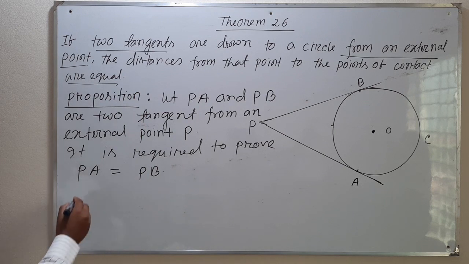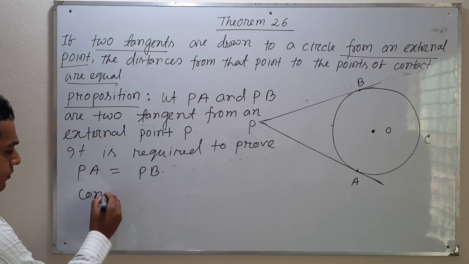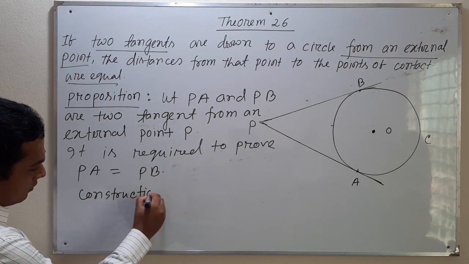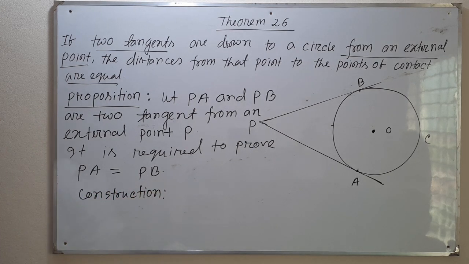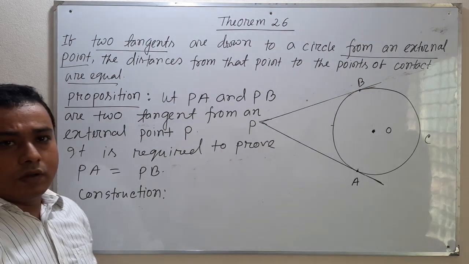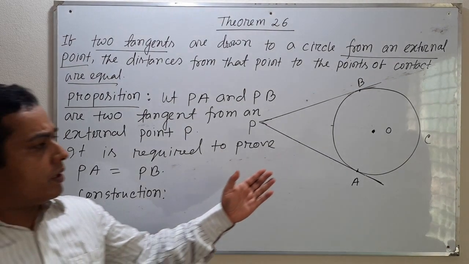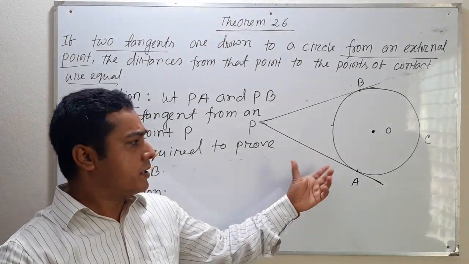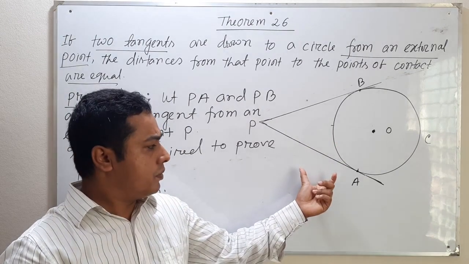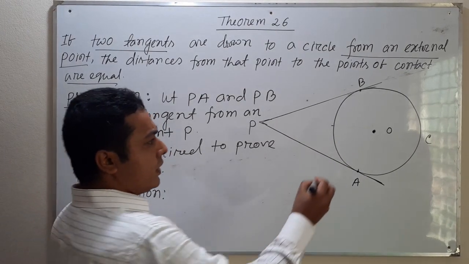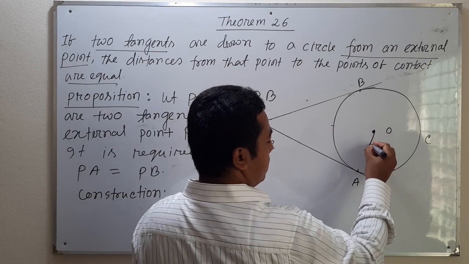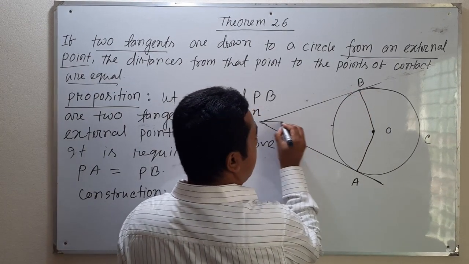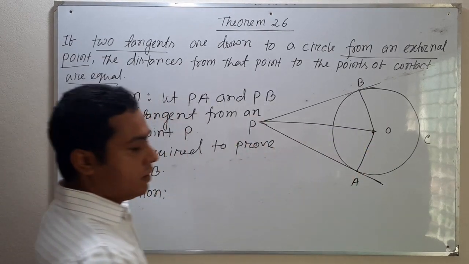Okay, now the construction of this theorem. To prove it, we have to draw the necessary construction to complete our proof. The construction is to join OA, OB and OP.